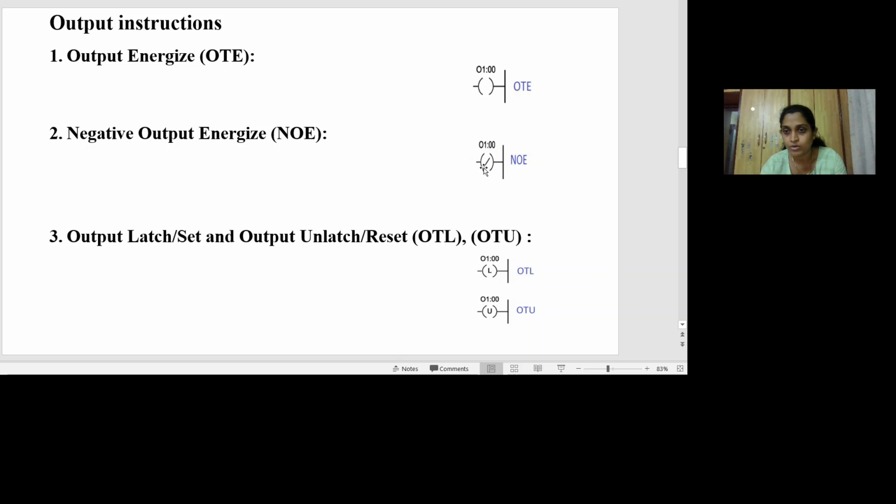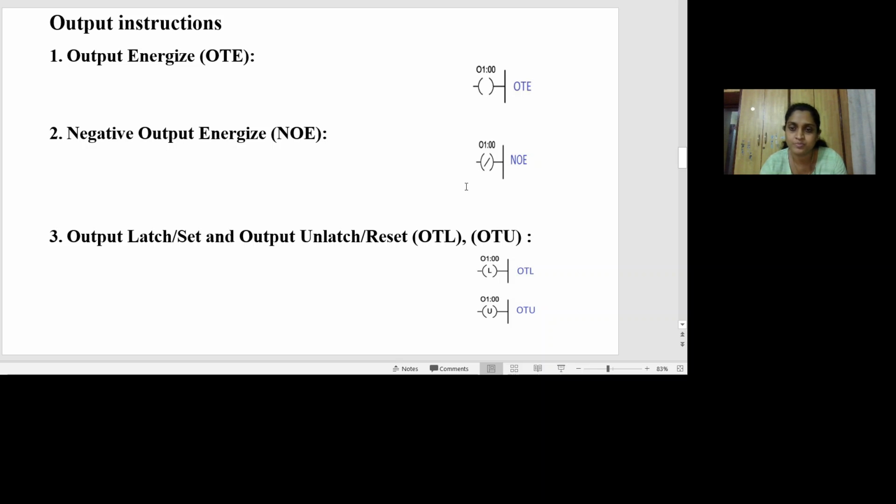That's why I put a line here, which you can observe. OTE means output energize: only when the condition on the left link becomes on, the device output coil will be energized.